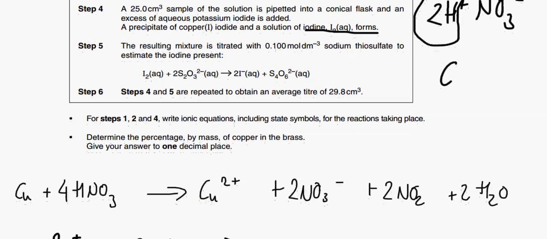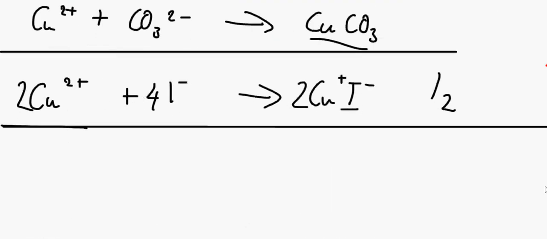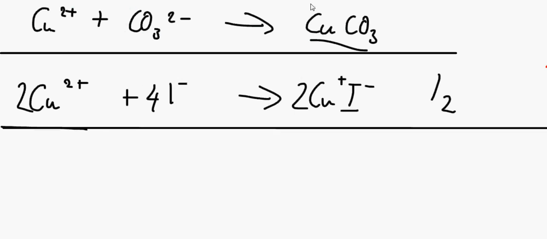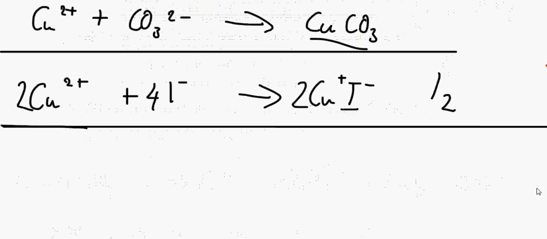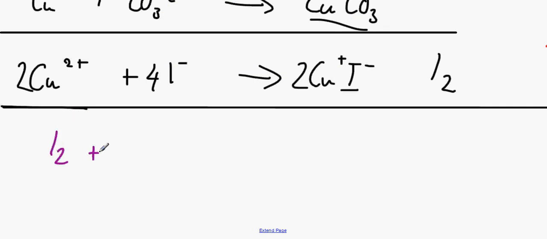So we have got, in step 4, this equation over here, and then the most famous equation that you should know is actually in step 5 for you, which is I2 plus 2 S2O3, sorry, I beg your pardon.